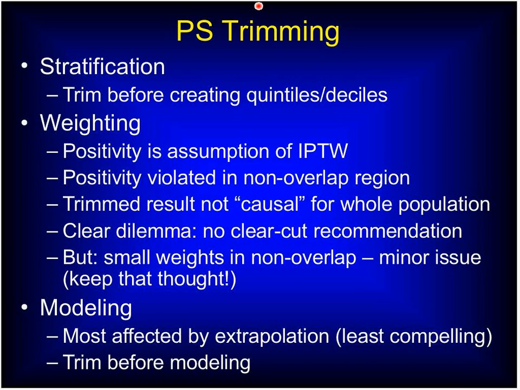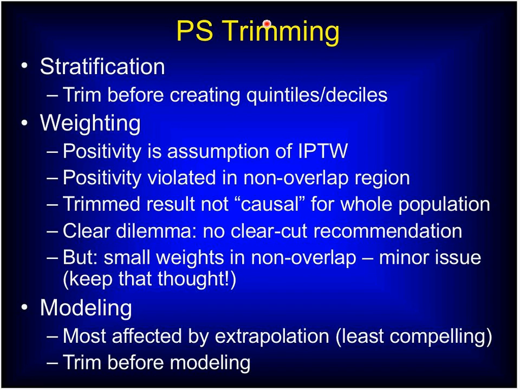So we do trim non-overlap when we do stratification. I think it's important to trim before we create quintiles or any quantiles, because otherwise you may have a very pronounced problem with non-overlap in the first and the last stratum of the stratification.